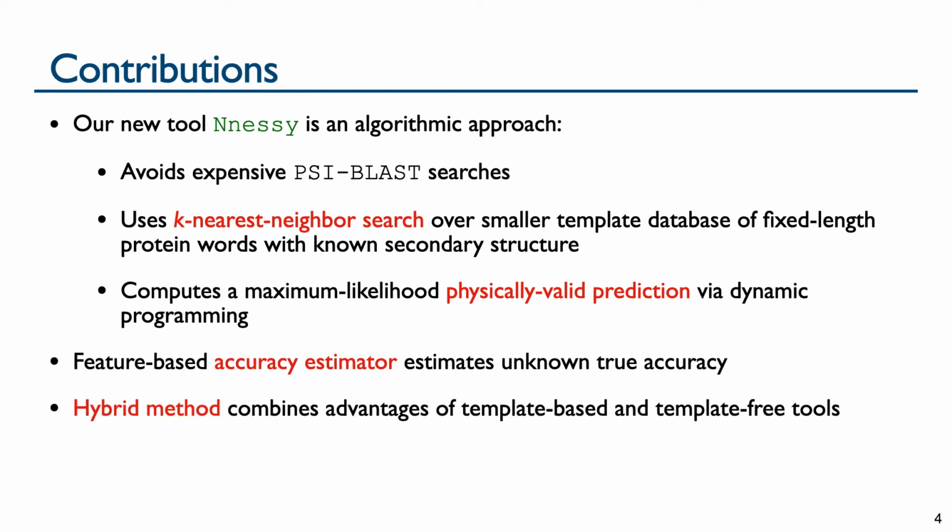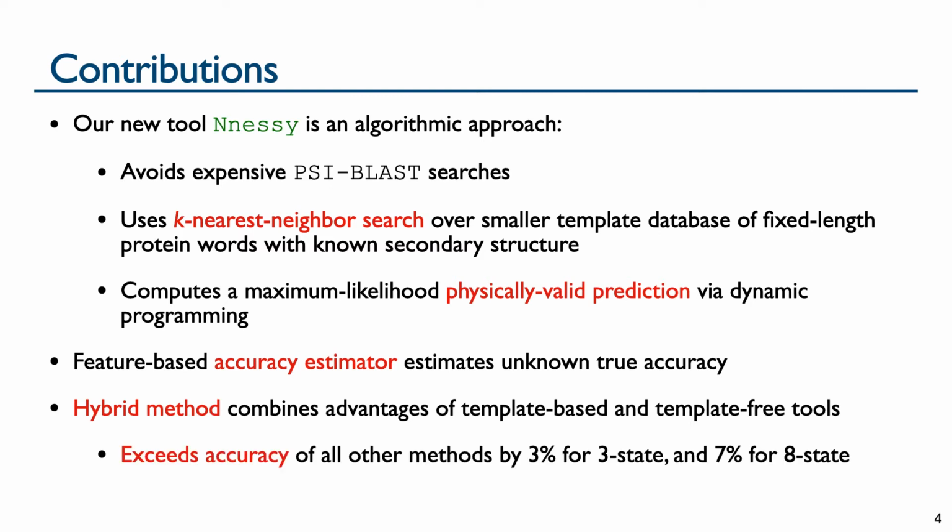We combine our template-based tool Nnessy with a template-free tool to yield a hybrid method that gains the advantages of both tools. This hybrid method exceeds the state-of-the-art accuracy by more than 3% for the 3-state model of prediction and more than 7% for 8-state prediction.